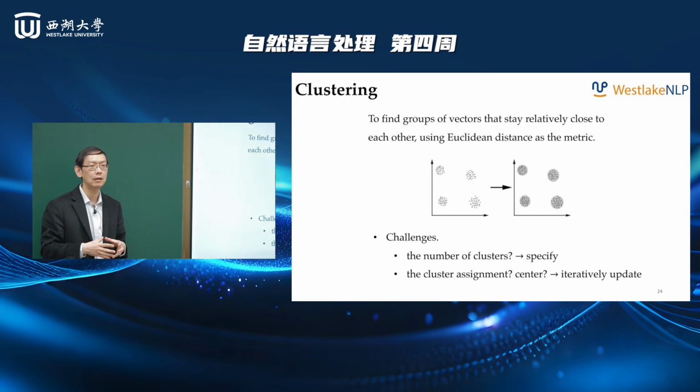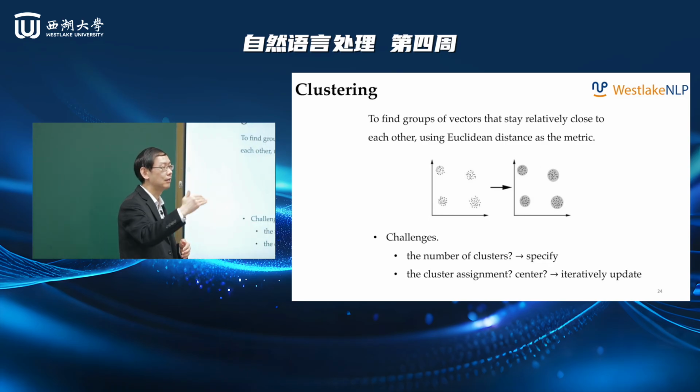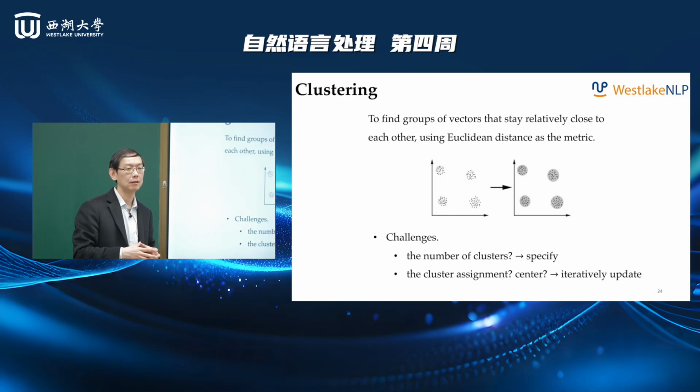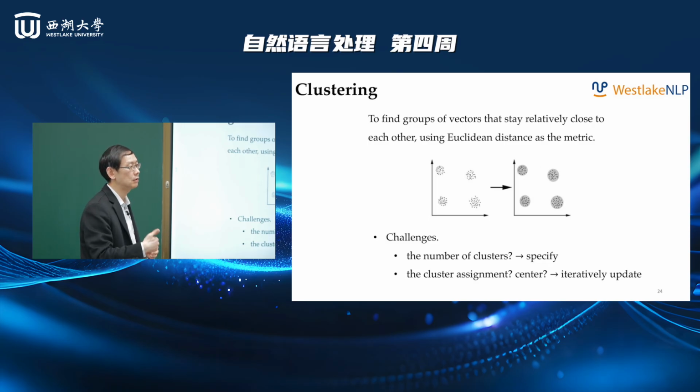That's just a for loop. For every vector in the document set, for every center, I calculate the distance to that center, and I choose the closest center. That's it. If you know the cluster centers, then assignment to clusters is easy.